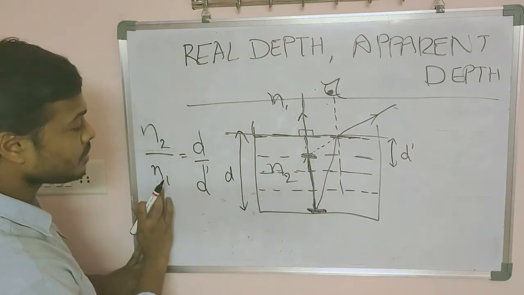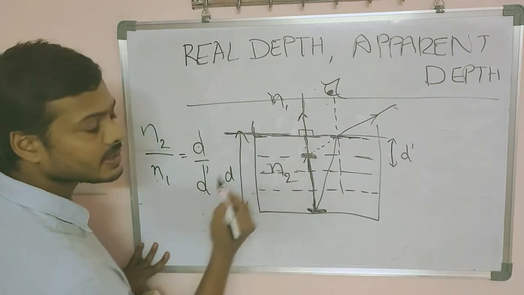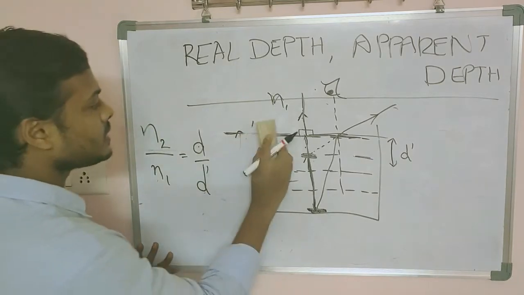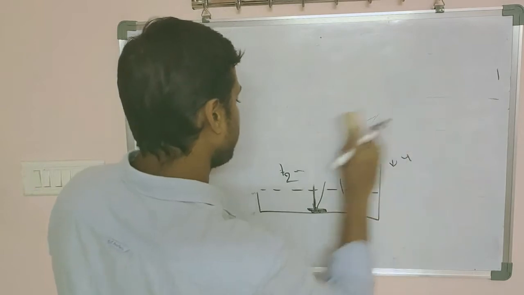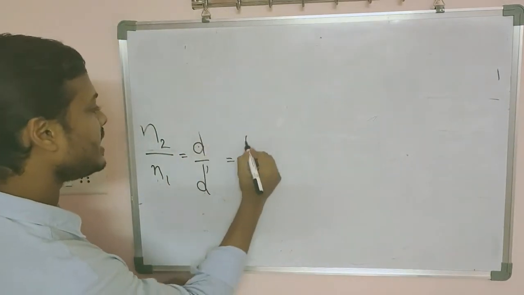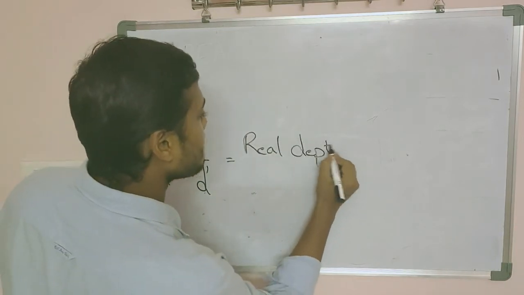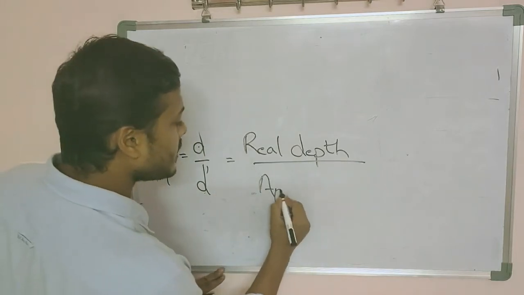You have to remember that. D and D dash are the distances measured from the surface boundary. D is real depth. D dash is apparent depth.